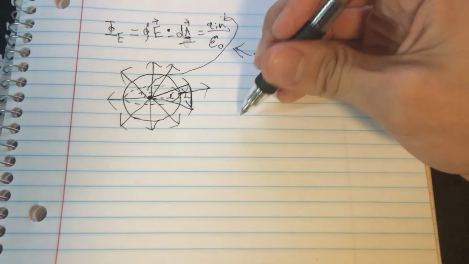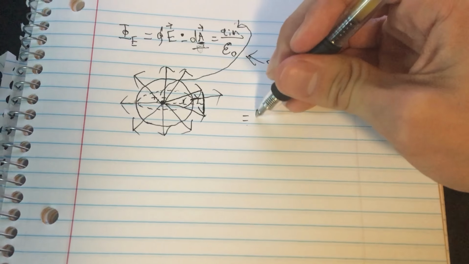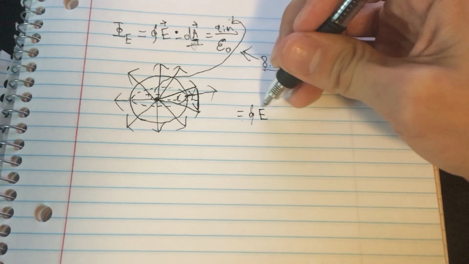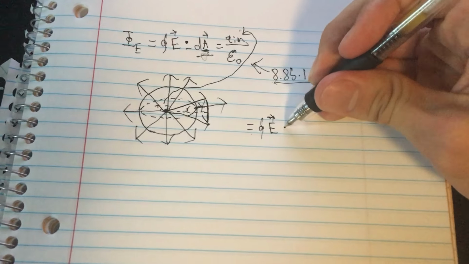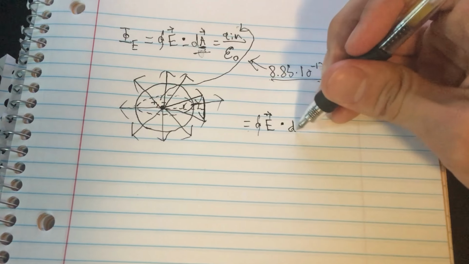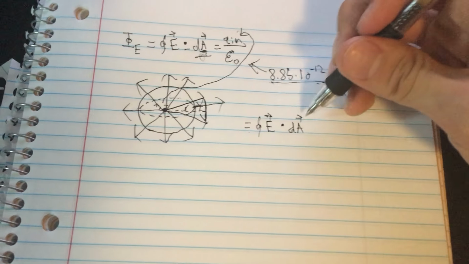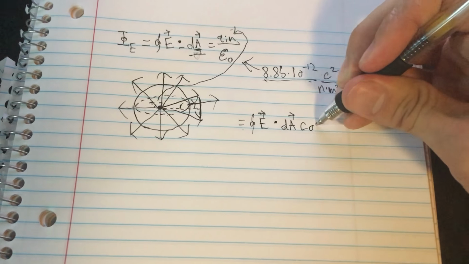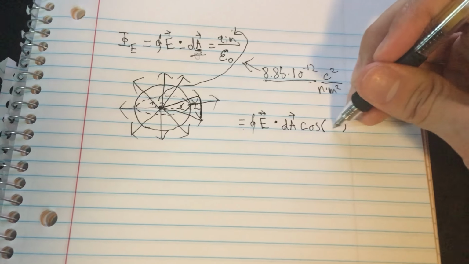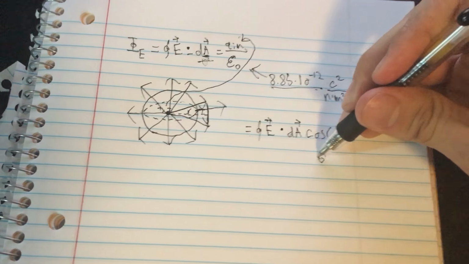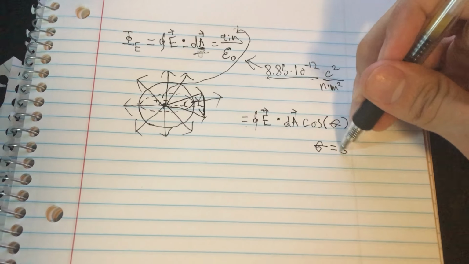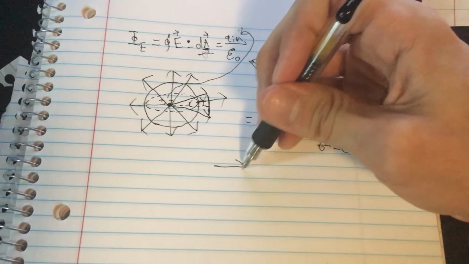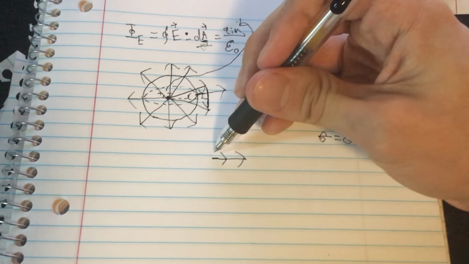So now we can talk about this dot. What does this dot mean? Well, that means that the closed integral of E and the area vector, it wants you to multiply these two vectors, because they're both going to be pointing away, times the cosine of the theta between them. Well, what is theta in this case? Theta is equal to 0. The two vectors point in the same direction.